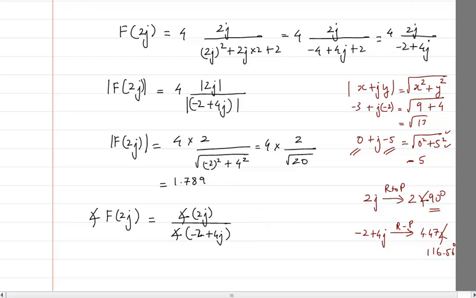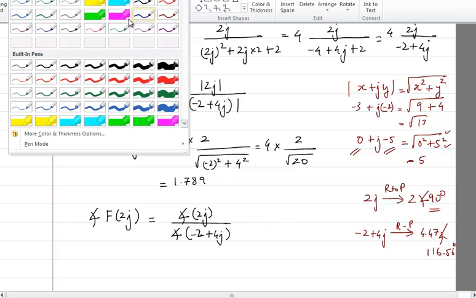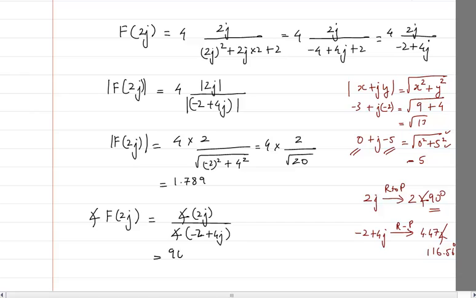I will write 90 degrees for the numerator minus, why minus? Because it is division here. Minus 116.56 degrees. So 90 minus 116.56 comes out to be minus 26.56 degrees. So this is the substitution method.